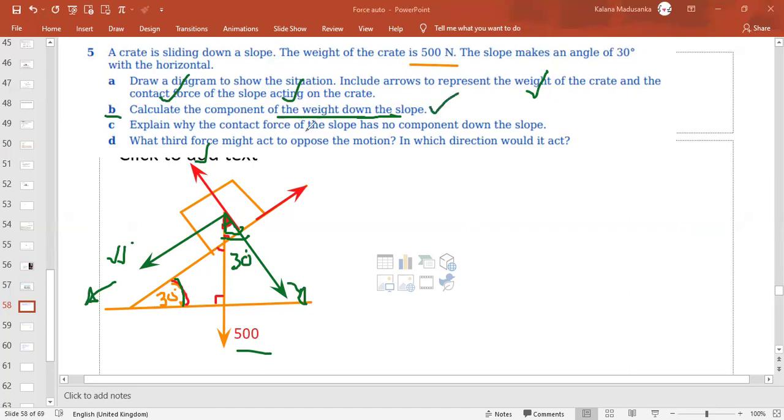Explain why the contact force of the slope has no component down the slope. So this is the contact force, and this red colored contact force doesn't have any component in this direction. Why is that? This angle is actually 90 degrees.